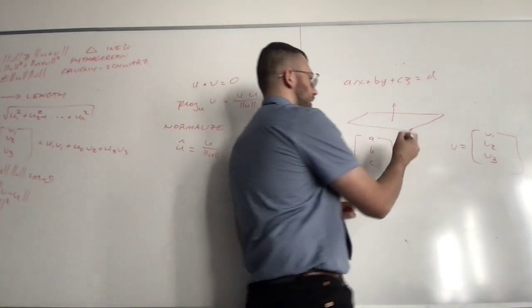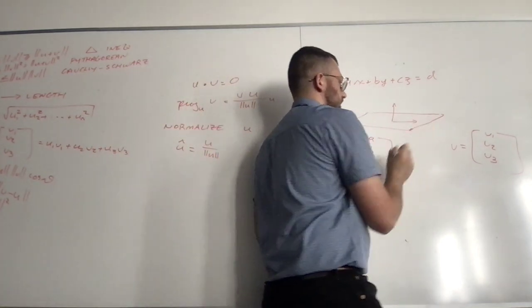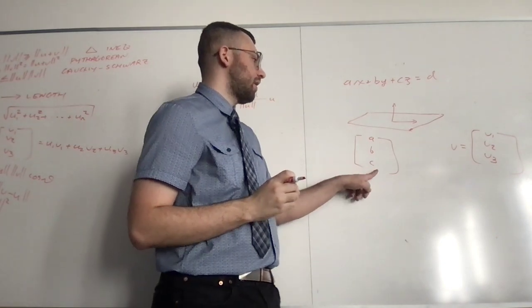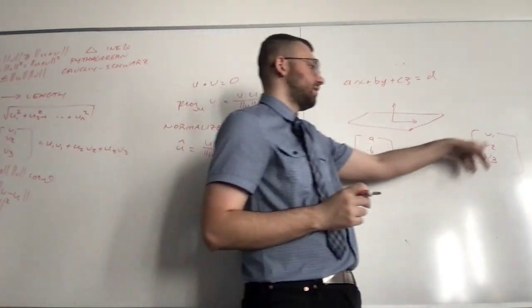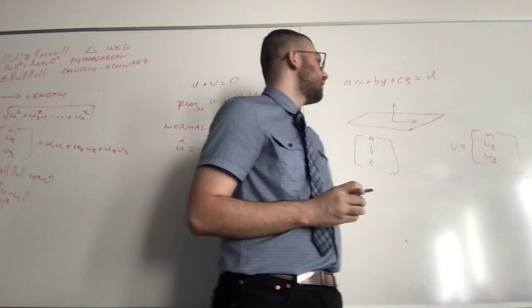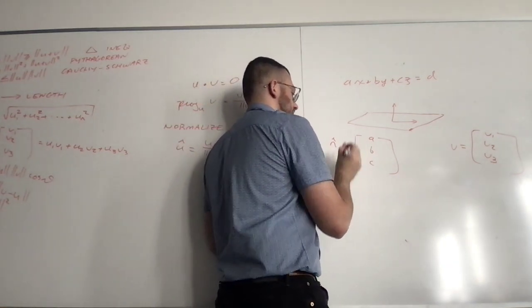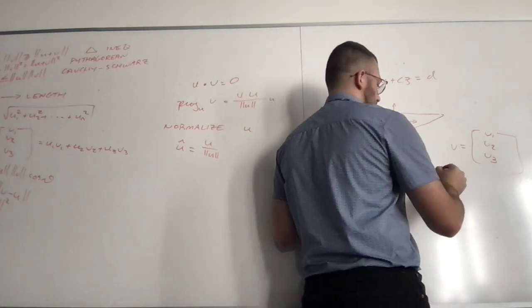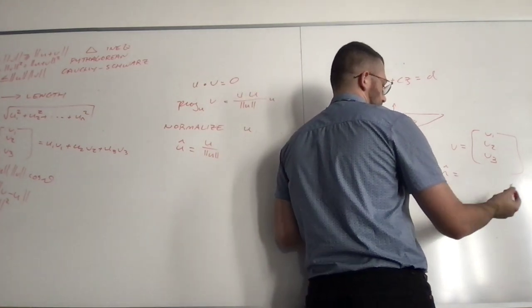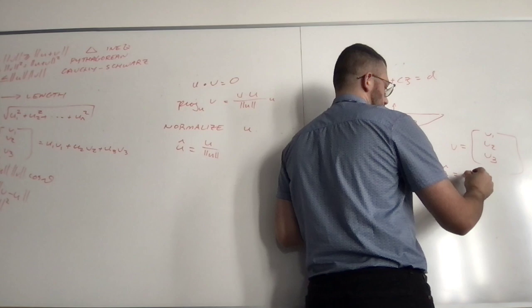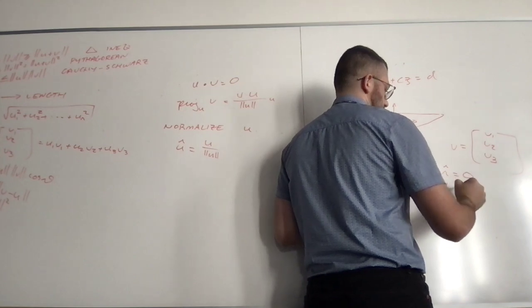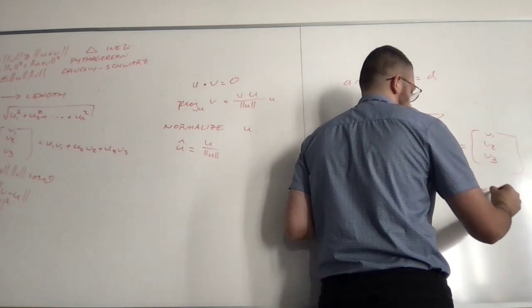Usually we write this as n hat. If you do v dotted with n hat and that gives you 0, then v is on the plane.